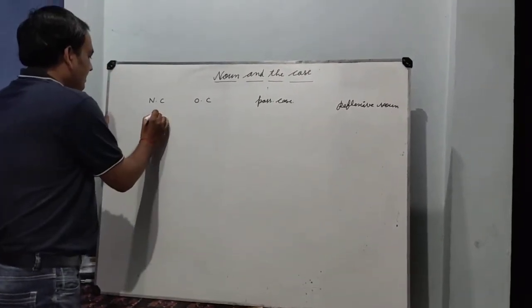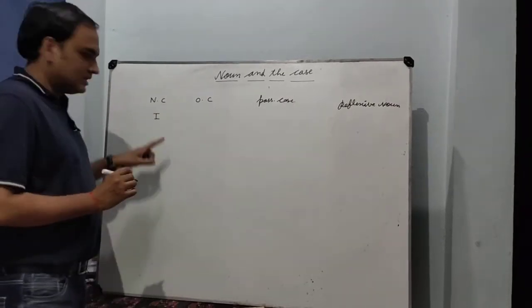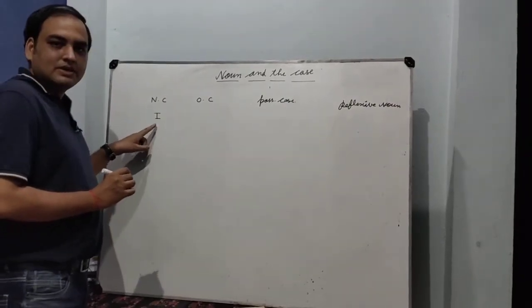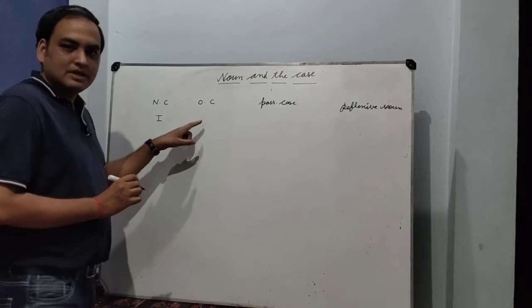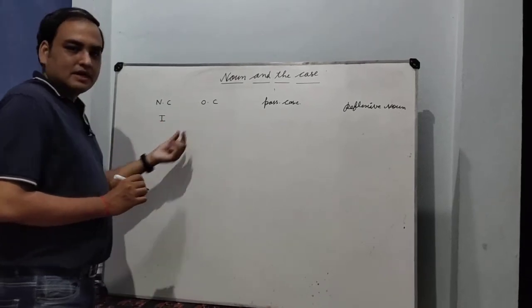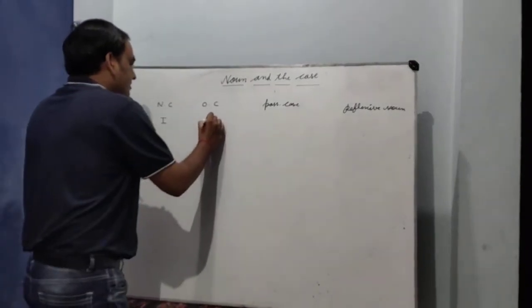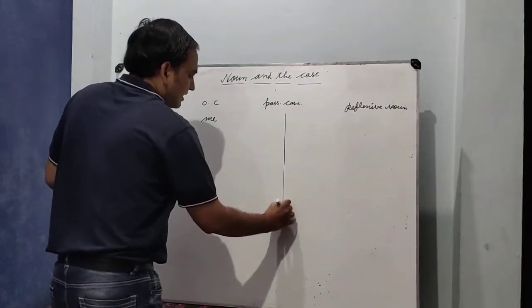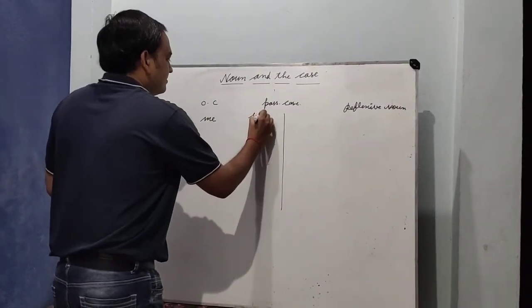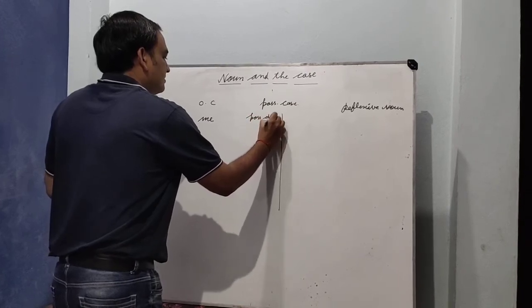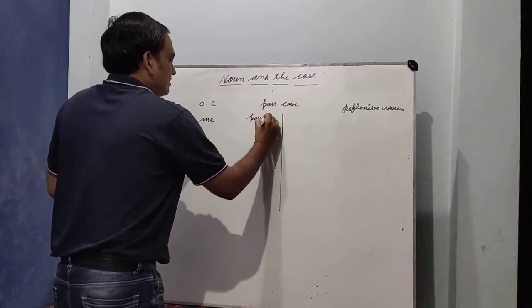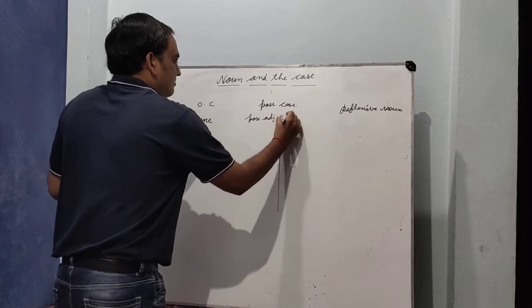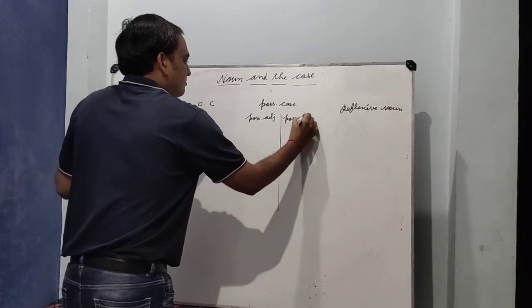First is I. If we are using this in the subject, this will be written I. If we are using I in object, it will be me. And in the possessive case, there are two categories: possessive adjective and possessive pronoun.